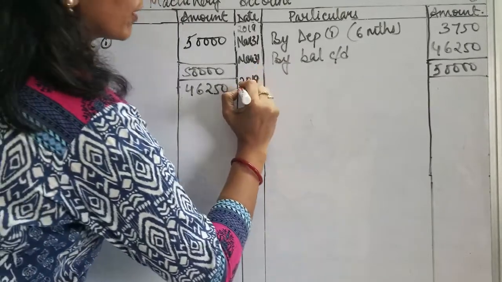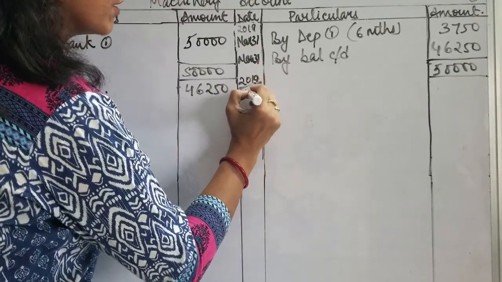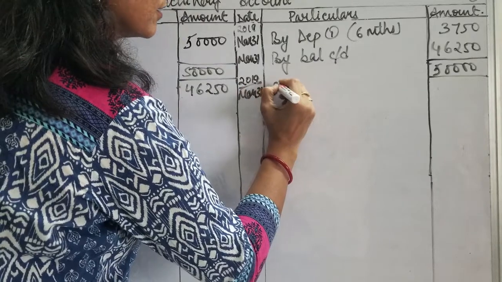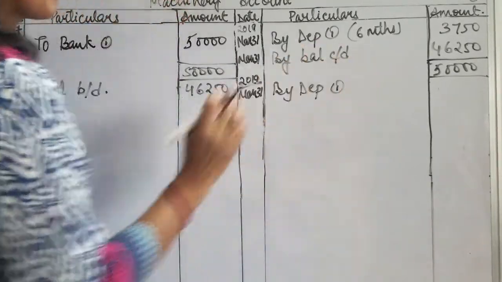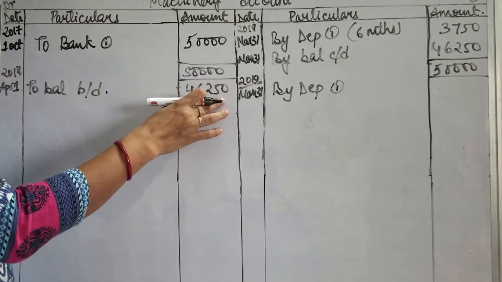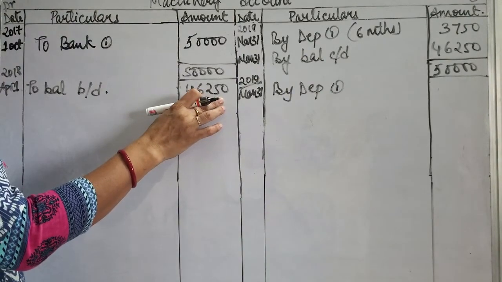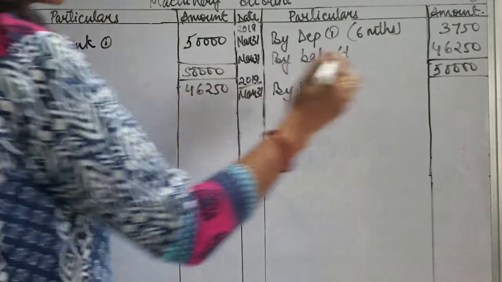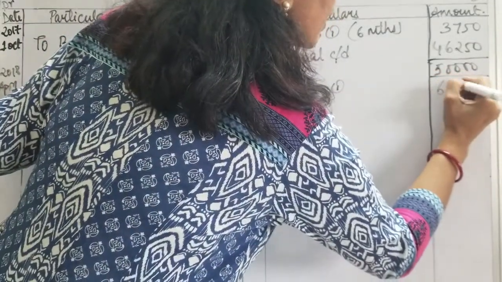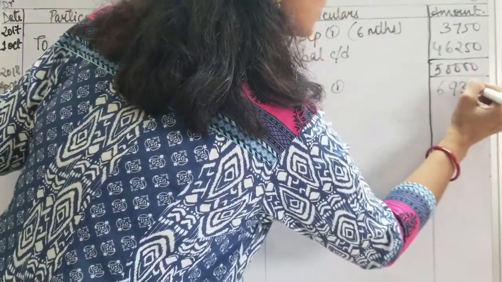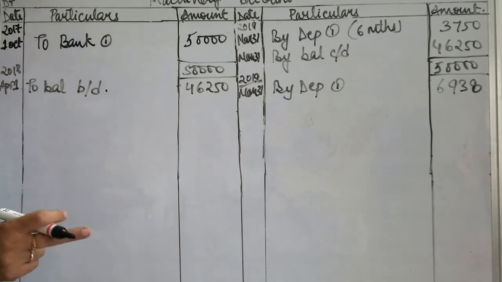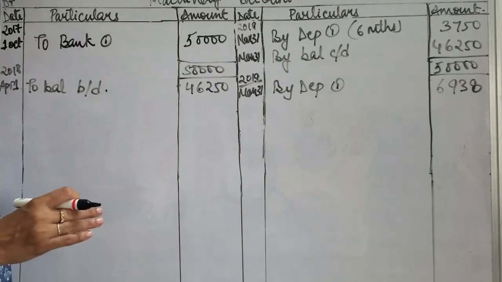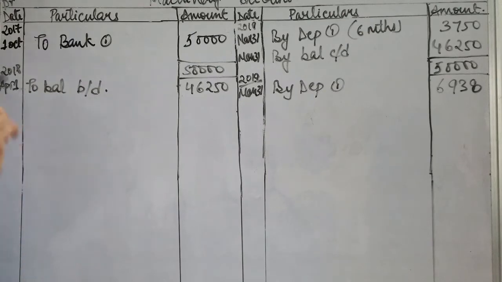So the year now here is 2019, March 31st, by depreciation machinery 1. Now 15% of 46,250 comes to 6,938. Okay. Now it says that on 1st December 2018, another machinery was purchased for rupees 10,000.